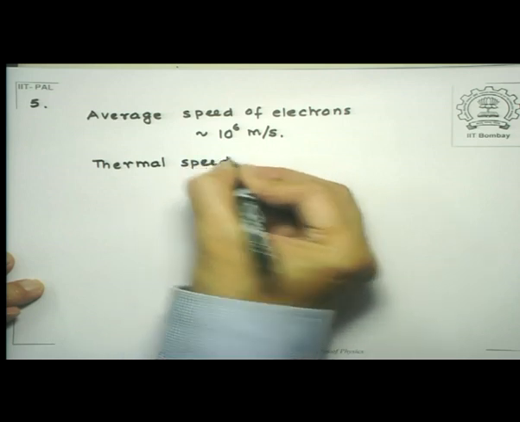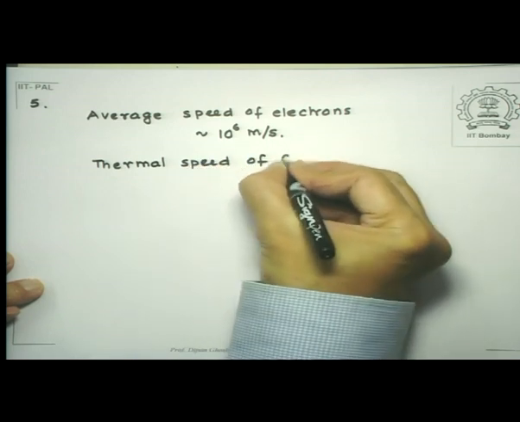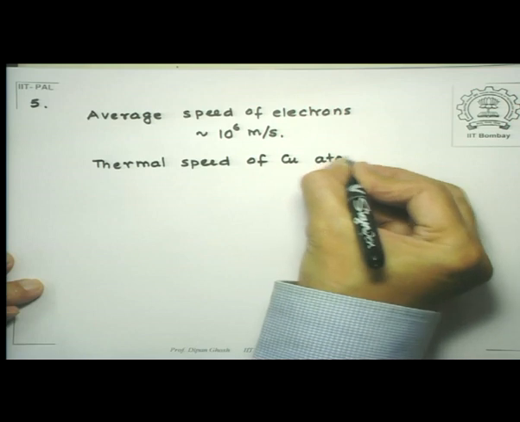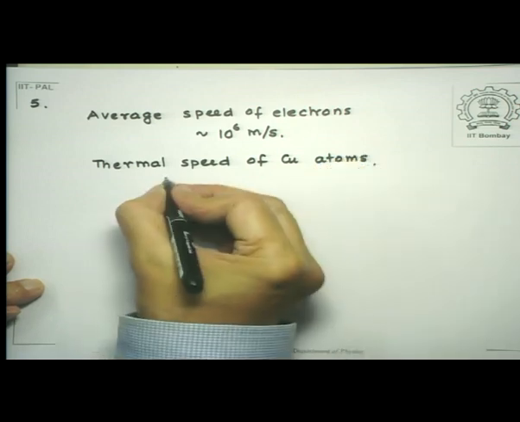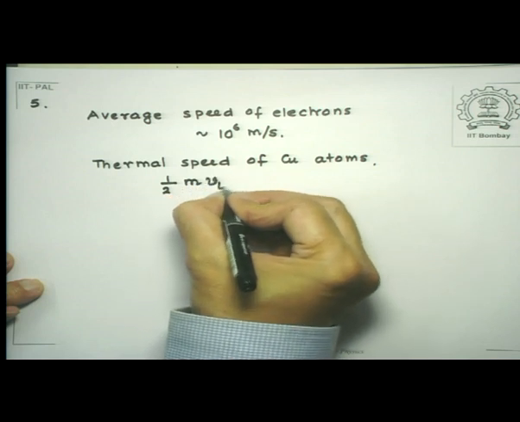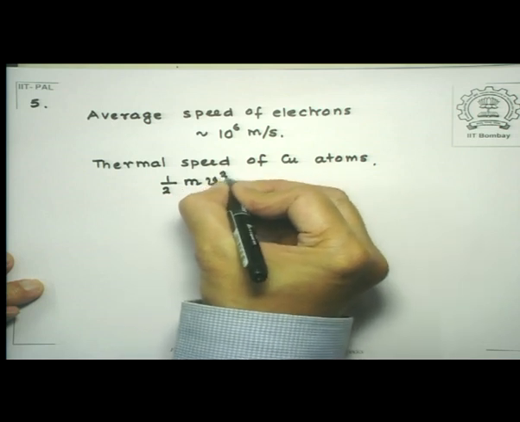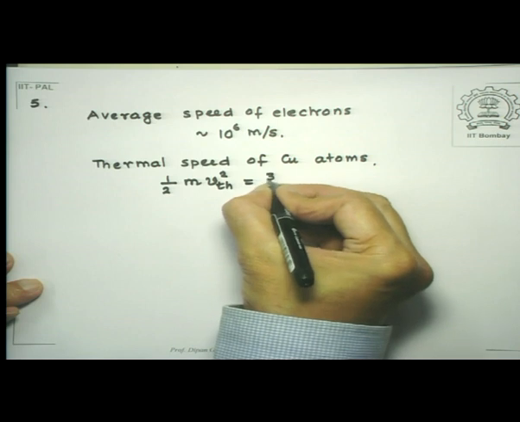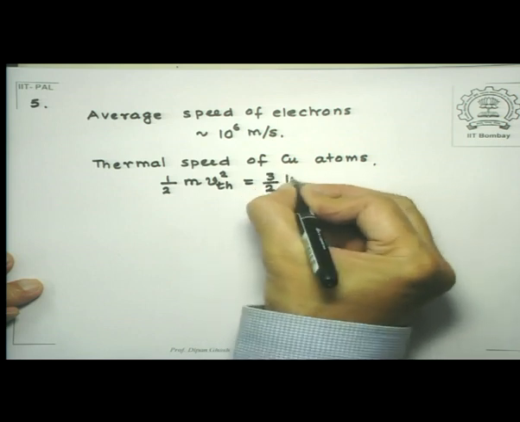Now this time I am talking about atoms. From kinetic theory, you know that the average kinetic energy, let me call it V thermal square, is by the equipartition principle 3 by 2 kT.